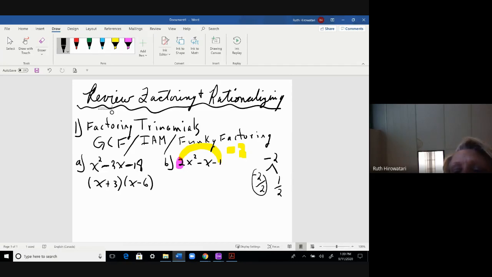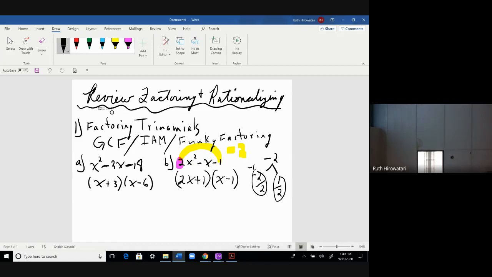Then you reduce the fractions; one becomes -1, and because the other is a fraction, it becomes 2x + 1. So the factors are 2x + 1 and x - 1. Honestly, I should have chosen a harder example, because the fact that this is easy means you probably did it in your head. So check your work: you've got 2x squared, subtract 2x and add an x. Check, I've got the -x, and a positive times a negative gives me the -1.